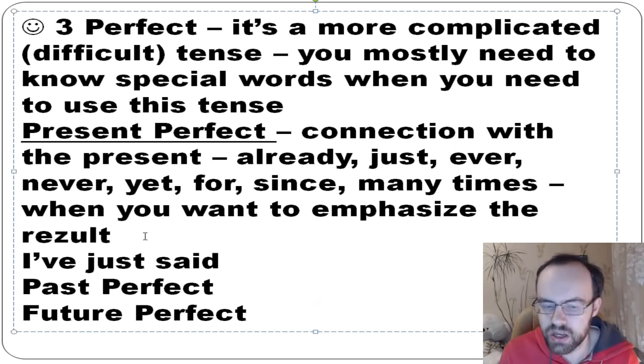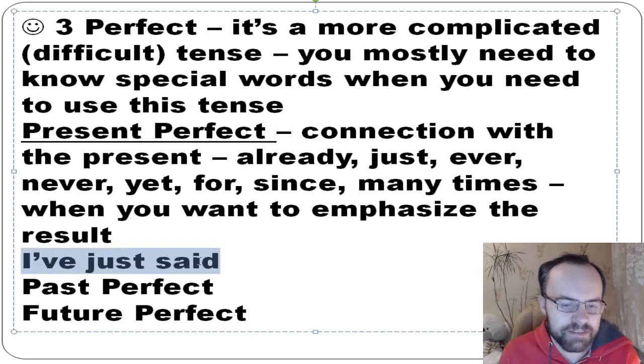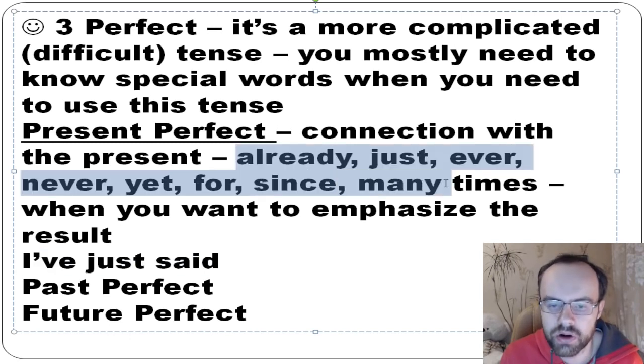So I've said it or I've done it. So it means that it's really important. So I've said it, result. Sorry, we pronounce it as result, but in fact we spell it another way, as you see. So I've said it, to show its importance, or I've just said it. So you need to know these words.